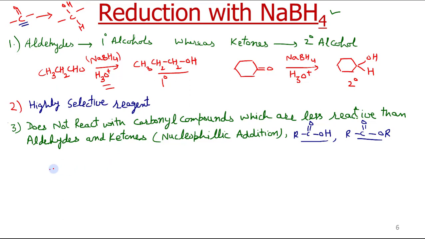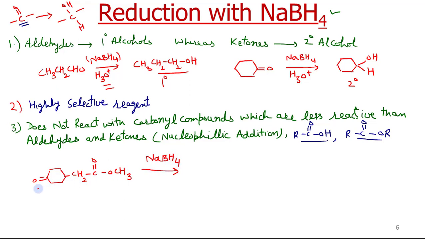So if I write a structure, let us see whether we can identify the product or not. Suppose we have this carbonyl compound, CH2COOCH3. Suppose we reduce it with sodium borohydride, and we have to identify the product.